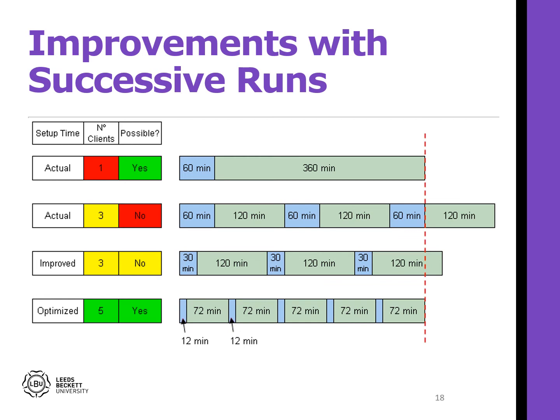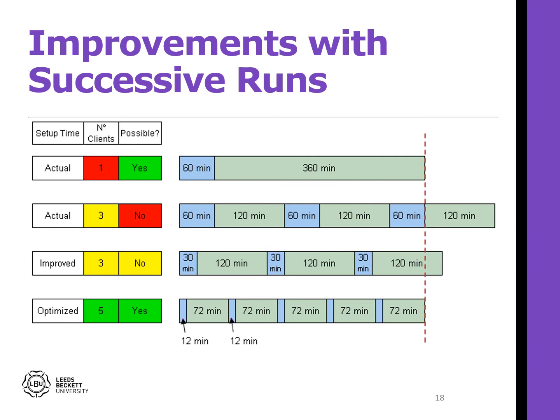So if you look at row 2, still a 60-minute changeover. Cost effectively, yeah, we can spend 60 minutes setting up and 120 minutes of product, and that 120 minutes would just about pay for the 60 minutes setup. But you're still not making many clients happy. If we can reduce that setup time from 60 to 30, then we nearly get in there.